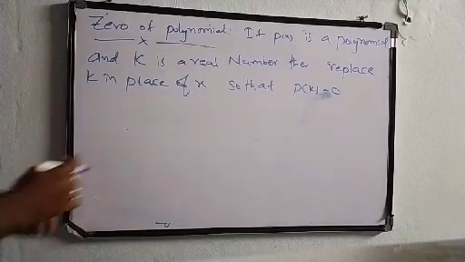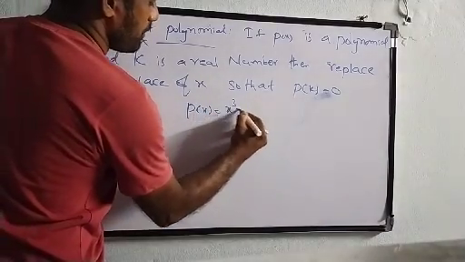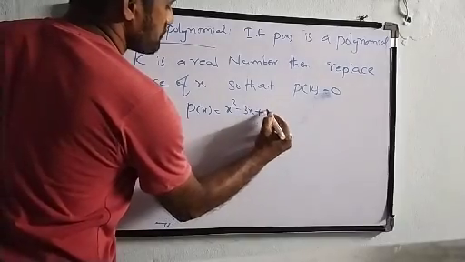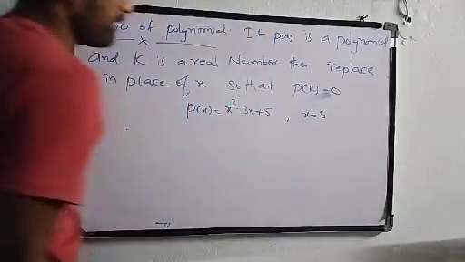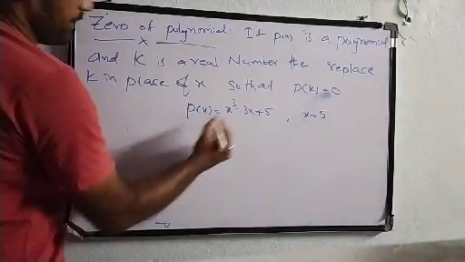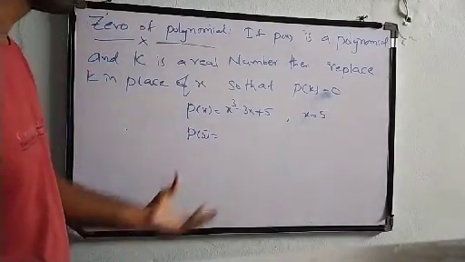It means that, for example, let us take a polynomial here, p of x is equal to x cube minus 3x plus 5 at x is equal to 5. If I take it like this, it means that in place of x I have to substitute 5, so that will be the zero of the polynomial.